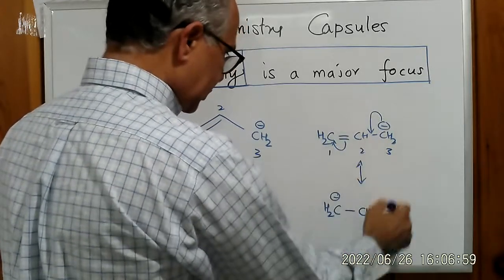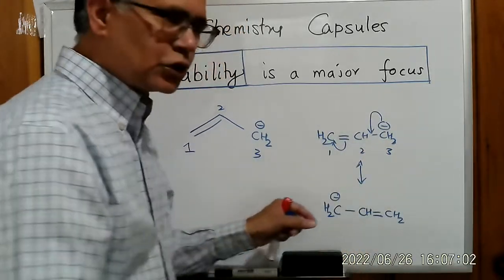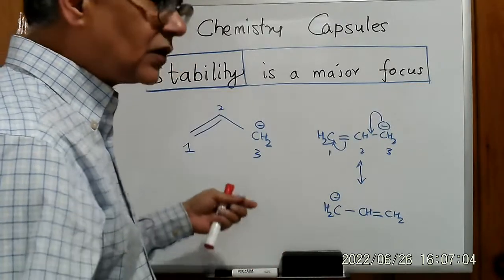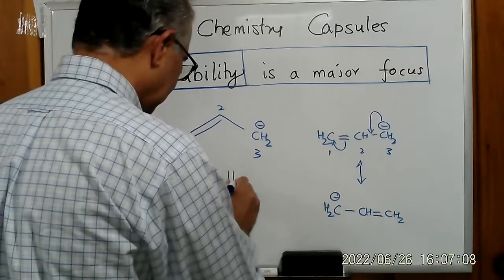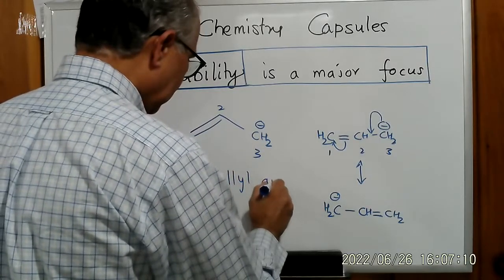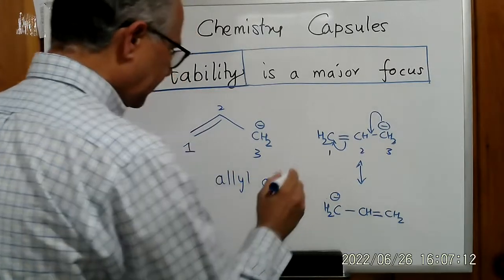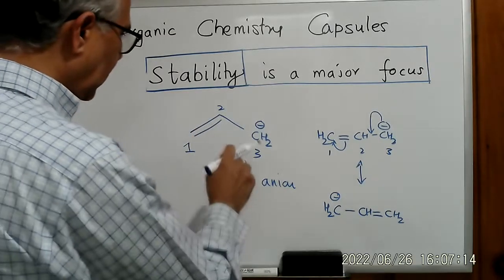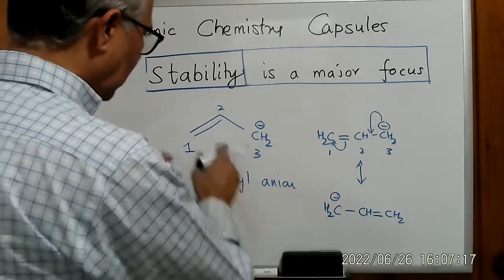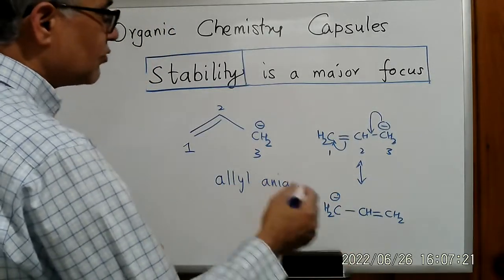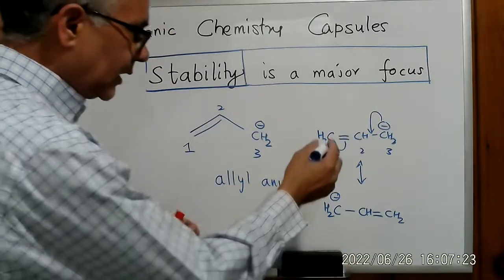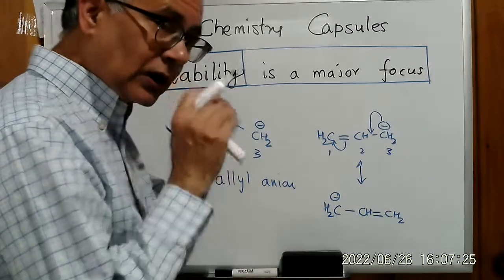But these two structures together are the real structure of the allyl anion. The true structure of allyl anion is not this, not this, but something in between. So the negative charge is not localized.